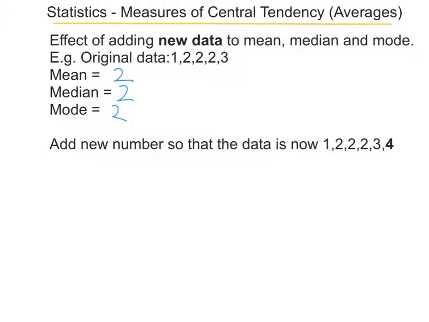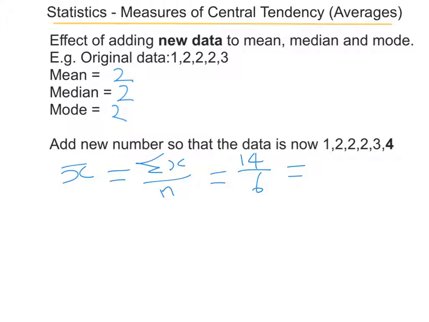Now let's look at what happens when we add some extra data. Someone's made another measurement and we've got another number to include in our data, an extra 4. Let's see what happens to the values of the mean, median and the mode. Well, the mean is x bar, and it's the sum of the x's divided by how many there are. We've now got a sum of 14, and there are now 6 numbers instead of 5.